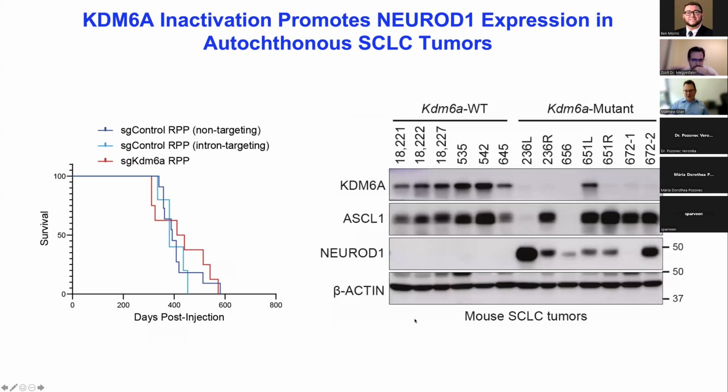But then when we started looking at the tumors that formed after KDM6A loss, we appreciated this striking phenotype where tumors that were KDM6A wild type were all strictly ASCL1 positive and didn't express NeuroD1, and the KDM6A mutant tumors heterogeneously expressed ASCL1 and NeuroD1. And you can see there's a lot of heterogeneity even between the phenotypes in the tumors. So we can talk a little bit about that.